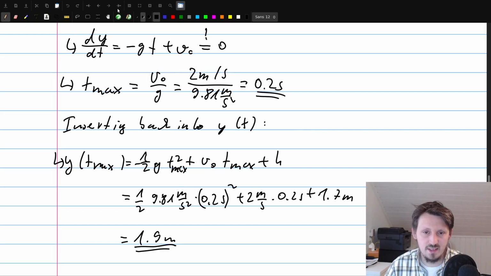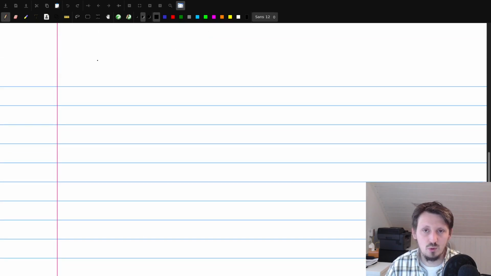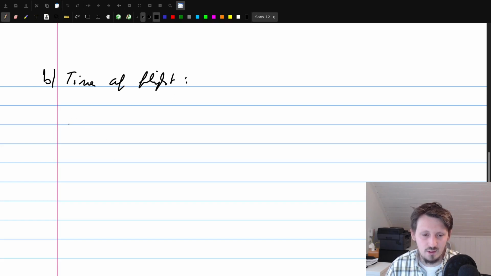We know now the maximum height, and now we go to part B, where we want to calculate the full time of flight of our stone. Again, we have to go back to our sketch.